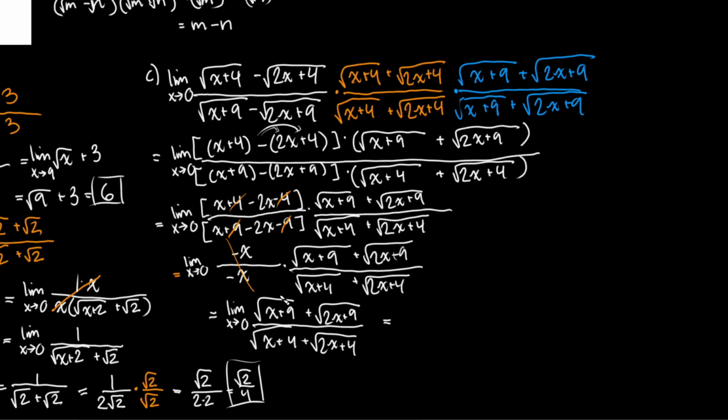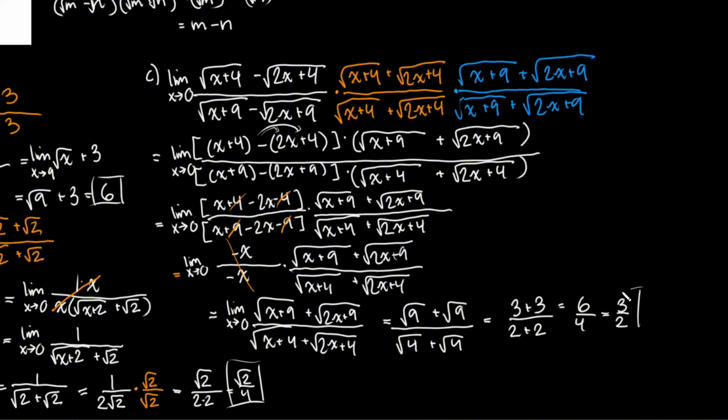And if we do plug it in, all these x's will become 0. So it will become the square root of 9 plus the square root of 9 over the square root of 4 plus the square root of 4. And that's just going to be 3 plus 3 over 2 plus 2. And that's going to be 6 over 4 or 3 over 2. And that's our final answer.